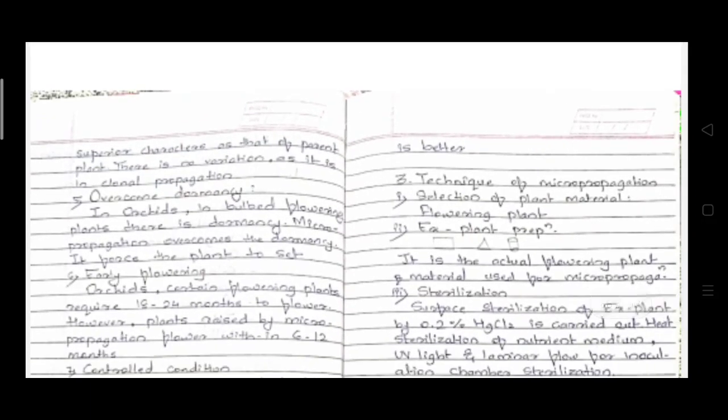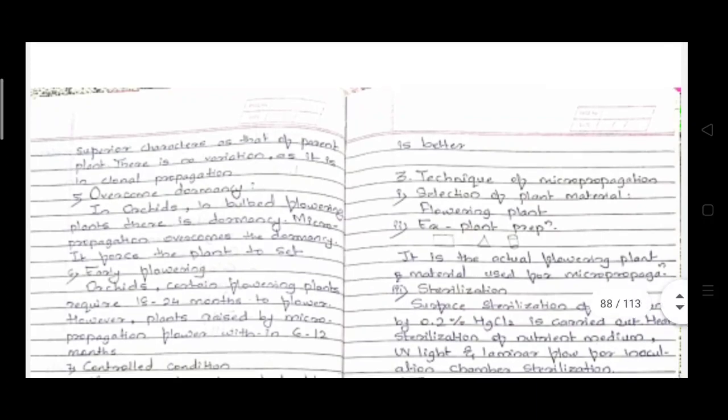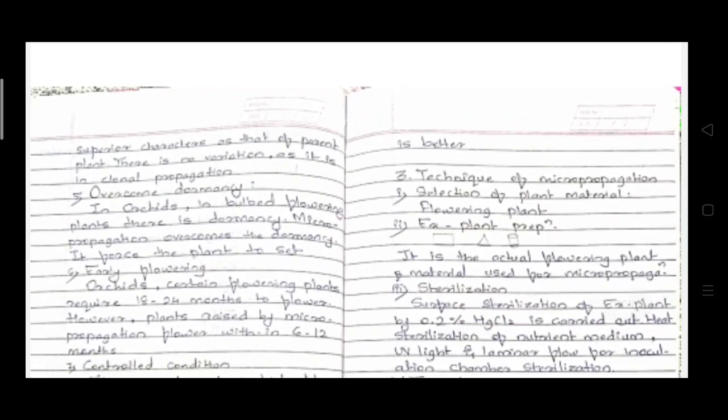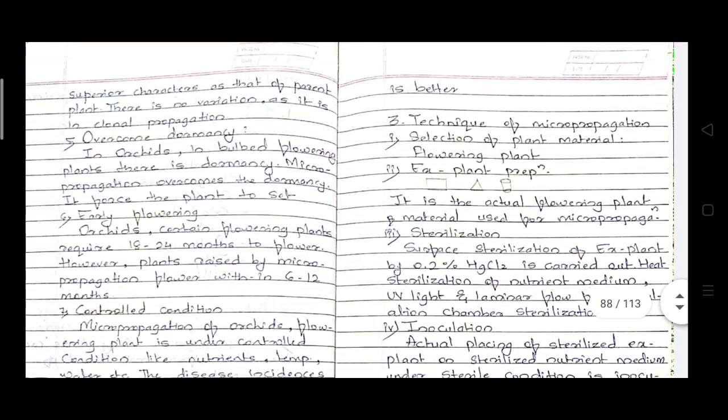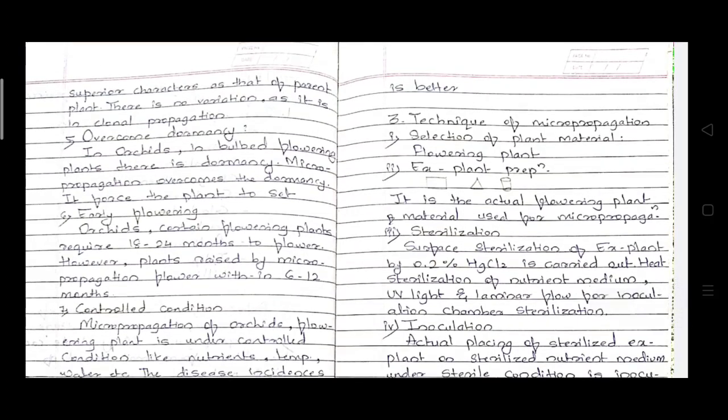Then the next advantage is that it overcomes dormancy, because generally orchid seeds are dormant and do not germinate easily. So due to this micropropagation, these seeds will grow easily, and it can be more beneficial for the orchid plants. Then this is also helpful for early flowering.